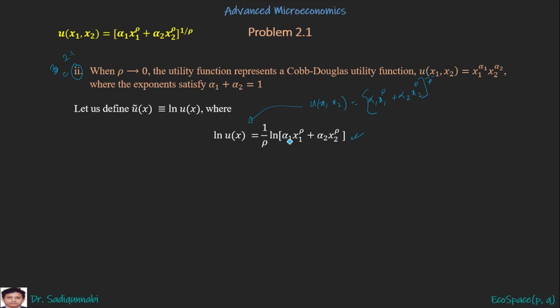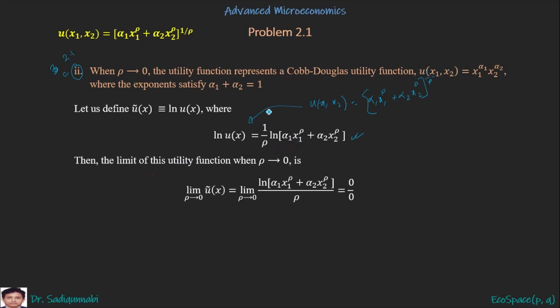And then we take the limit, because it says that rho does not exactly equal 0, it is rho tends to 0, so we should apply the limit function. Okay, and we see that when we apply the limit, it becomes indeterminate.